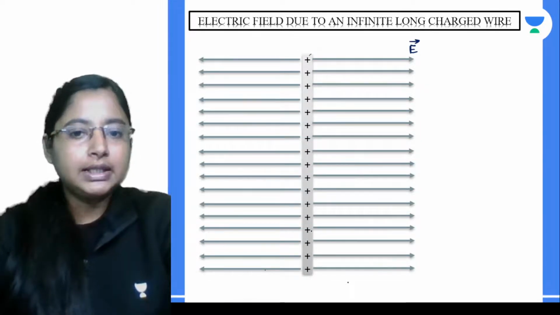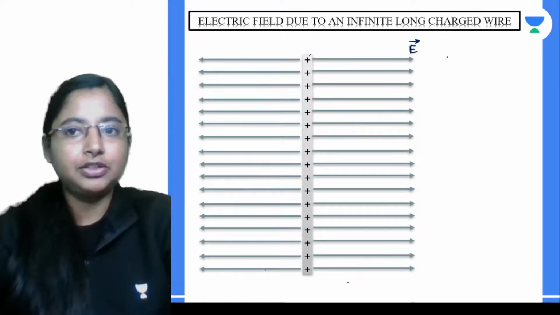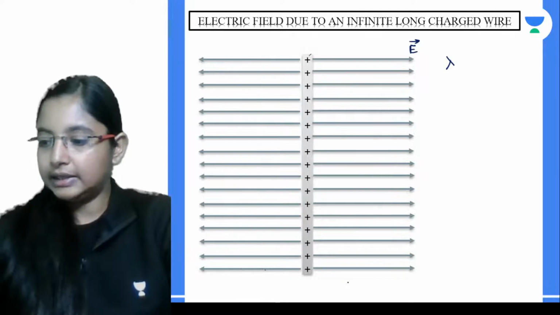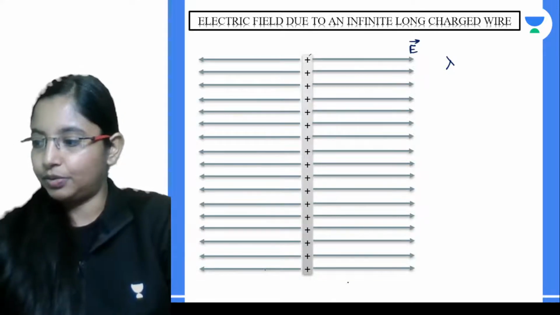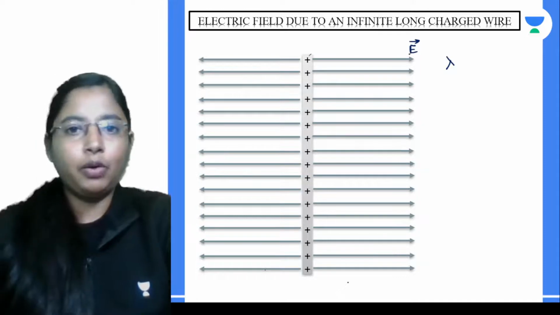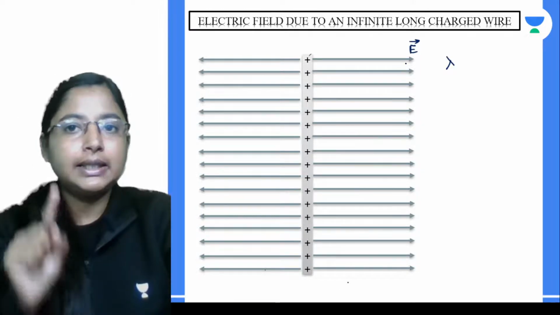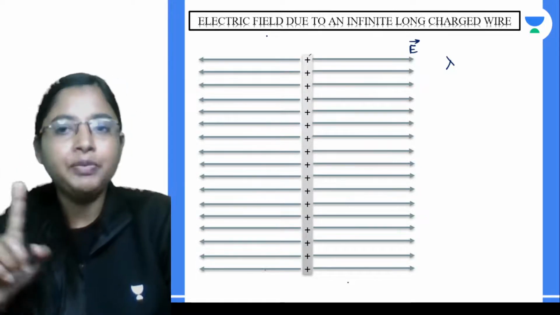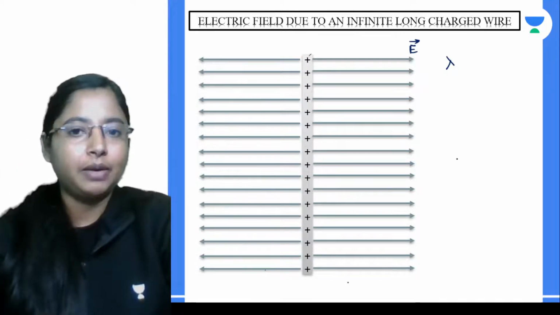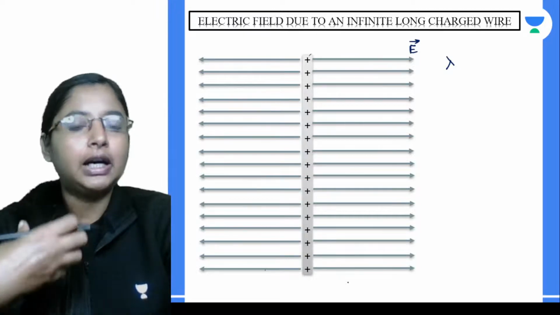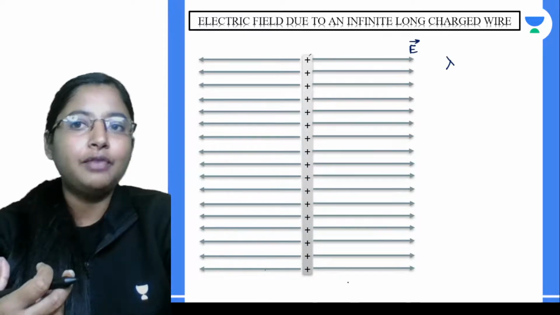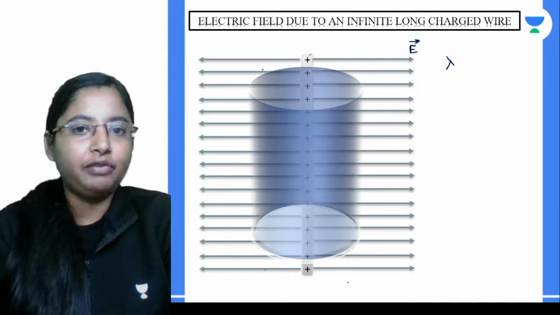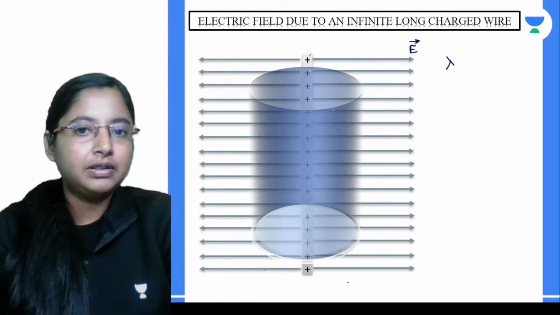Let's take the linear charge density as lambda. To find the electric field, we are going to make use of Gauss's theorem, because Gauss's theorem makes finding the electric field of this long infinite charged wire very easy. For this, we are going to fit a cylindrical Gaussian surface.